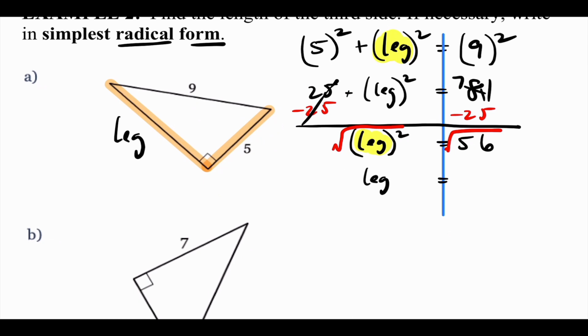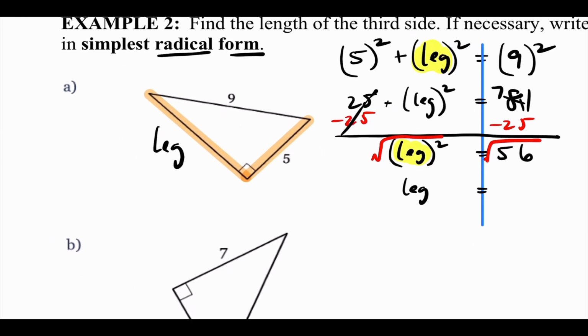Look for pairs. Does 56 have any pairs? That's what they mean. So let's see. 56 is 8 times 7. Circle the 7 because 7 can't be broken down anymore. 8 is 4 times 2. Circle a 2. 4 is 2 times 2.